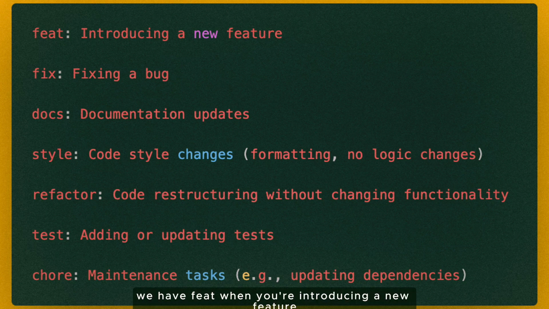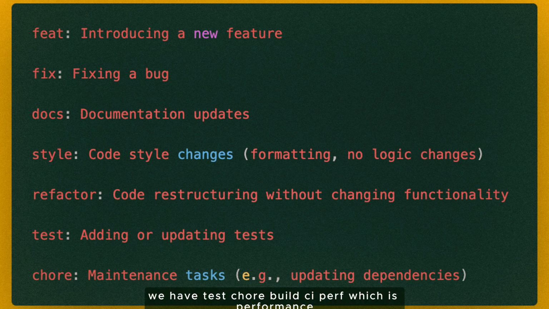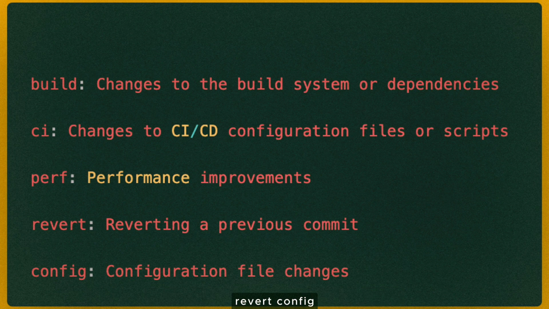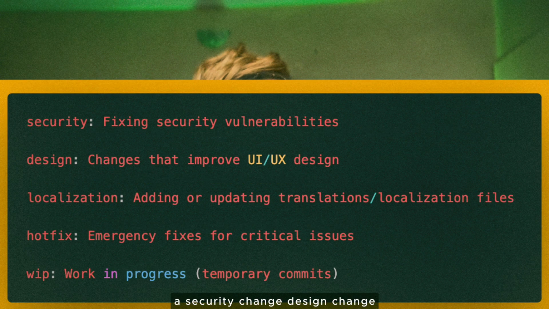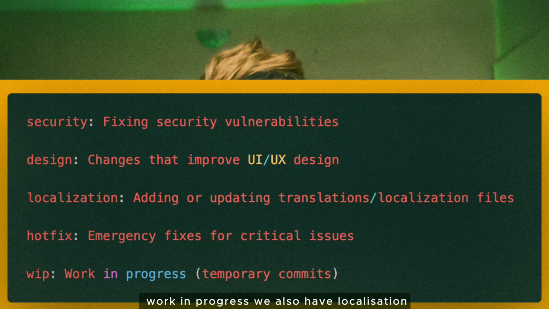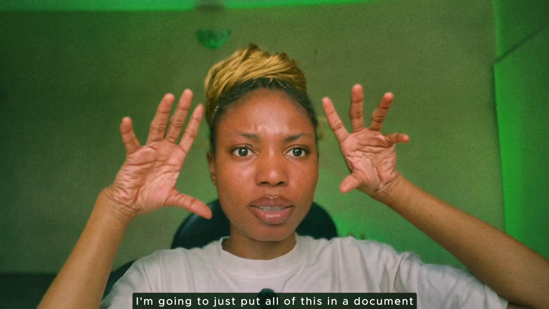For example, we have feat when you're introducing a new feature, then fix for fixing a bug, then docs for documentation updates, style for code style changes, refactor, that is if your change restructured the code, but there was no change in functionality. We have test, build, CI, perf, which is performance, revert, config, a security change, design change, hotfix, and WIP, work in progress. We also have localization. I'm going to just put all of this in a document and put it in the description box.